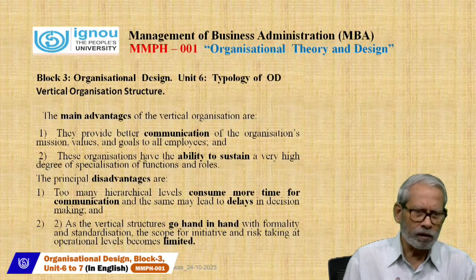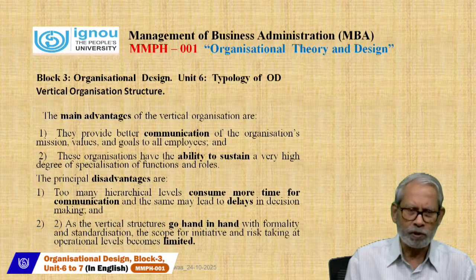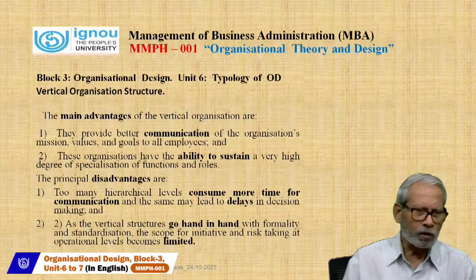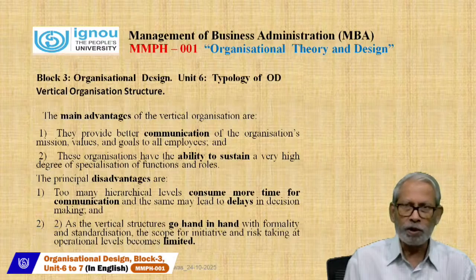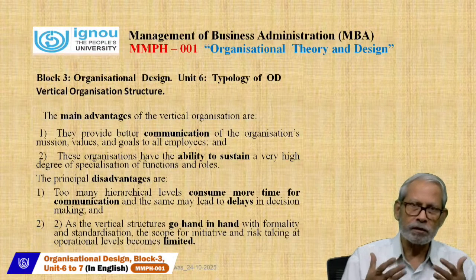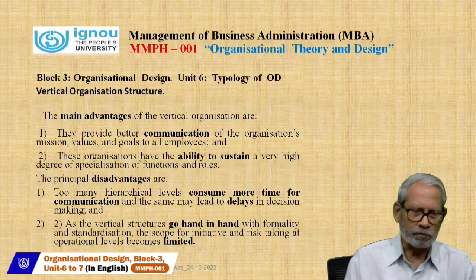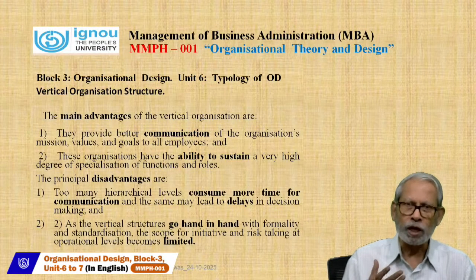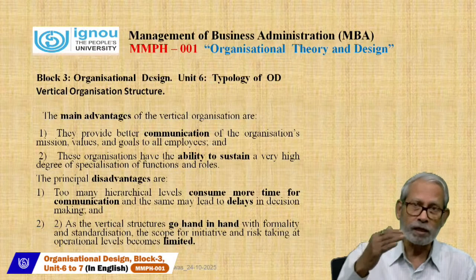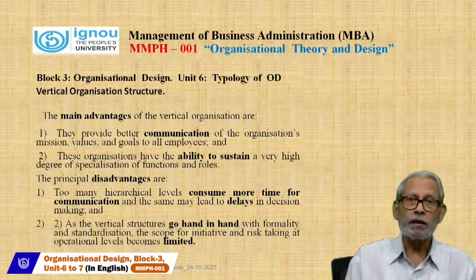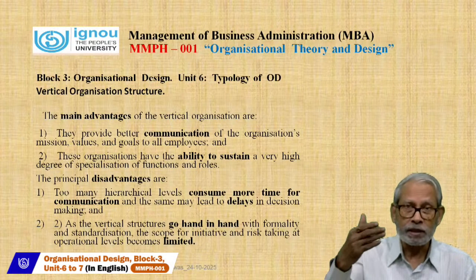The main advantage is that it provides better communication. The organization minimizes errors and has the ability to sustain, because every layer has responsibility. But the disadvantage is that it consumes more time. Another advantage is that with more hierarchy levels there are more checkpoints: check, review and check, review and check.